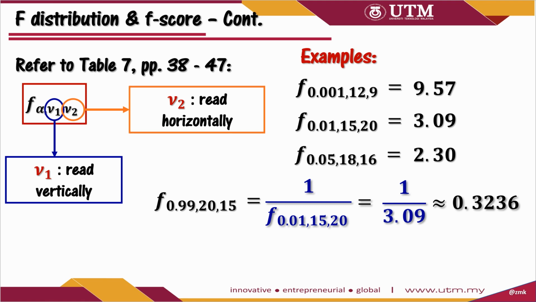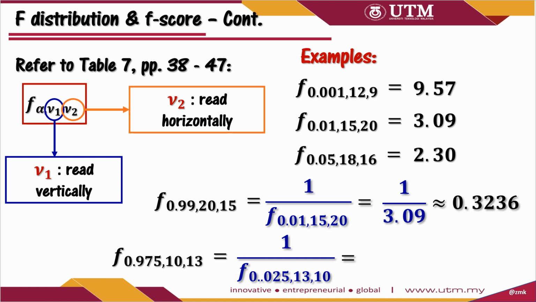Now, what about the last example? Can you calculate F 0.975, 10, 13? Here again, by formula, F 0.975, 10, 13 is the inverse of F 0.025, 13, 10, right?